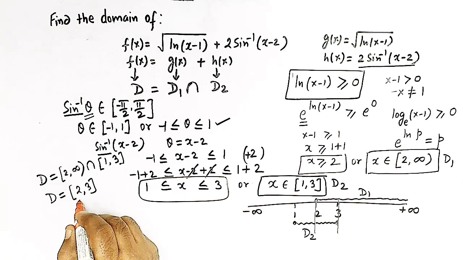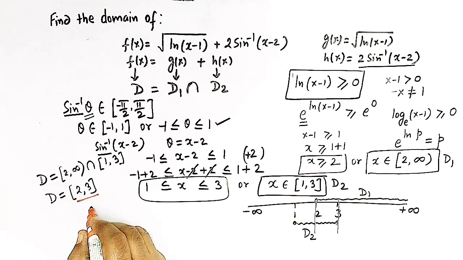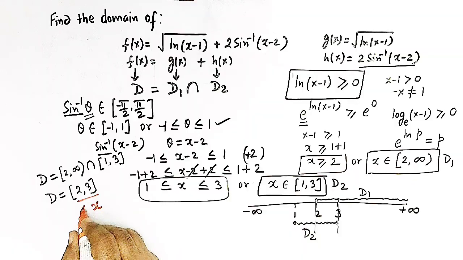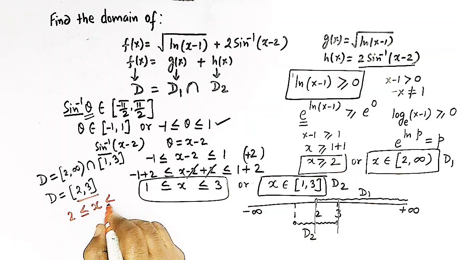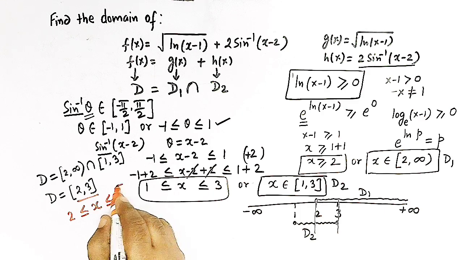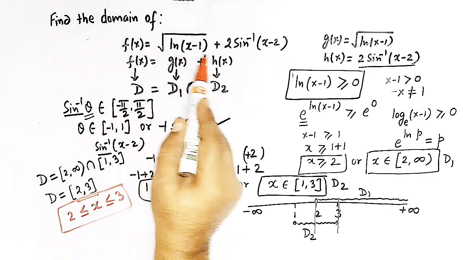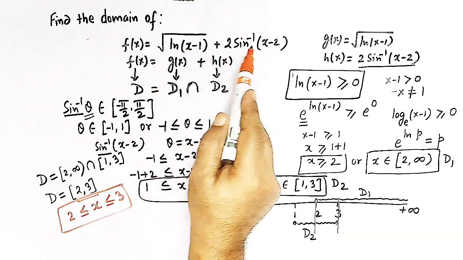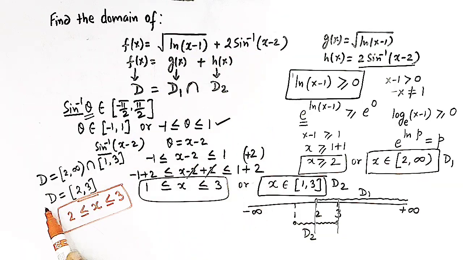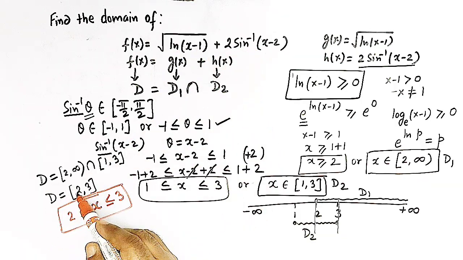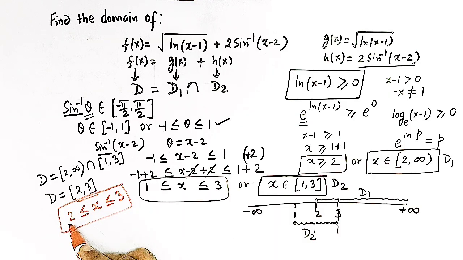So this interval can also be represented like this, that is x is greater than or equal to 2 but less than or equal to 3. So the domain of this function f of x, which is the sum of these two functions, is given by this closed interval 2 to 3, or x greater than or equal to 2 but less than or equal to 3.